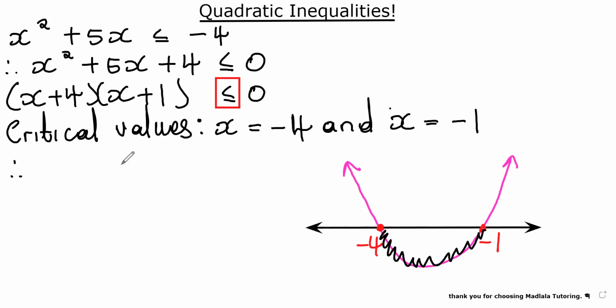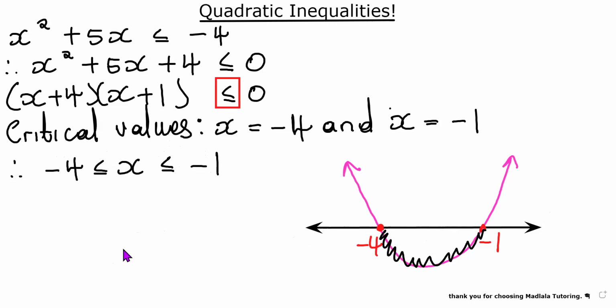So it's for all the values of x that are between -4 and -1. And how do you say between in mathematics? Well, you say it's greater than this, but less than that.